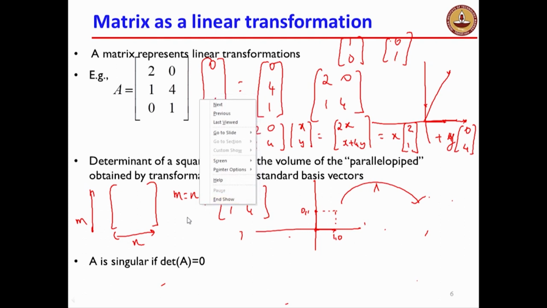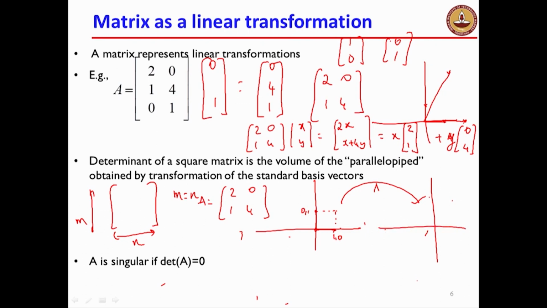After transforming by this matrix, 1 0 becomes, oh sorry, this was different. 1 0 has become 2 1 and 0 1 has become 0 4.